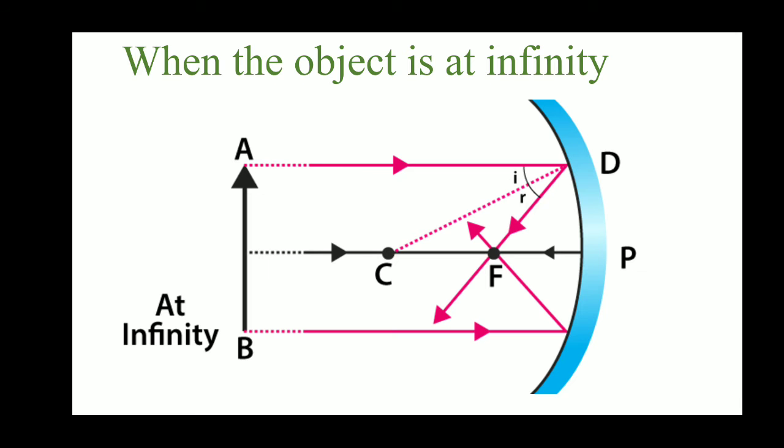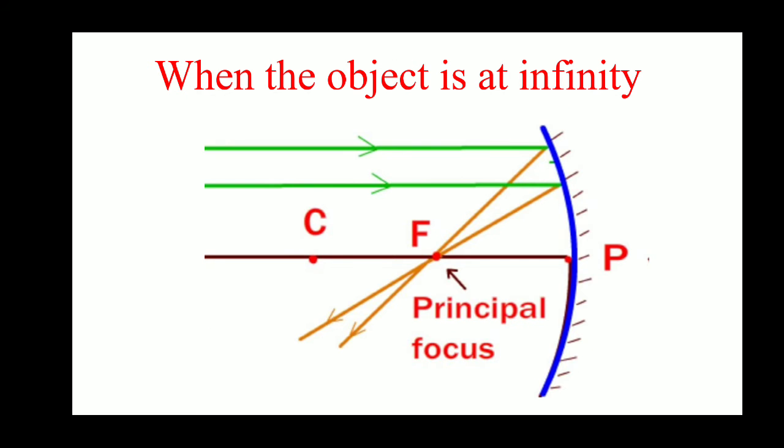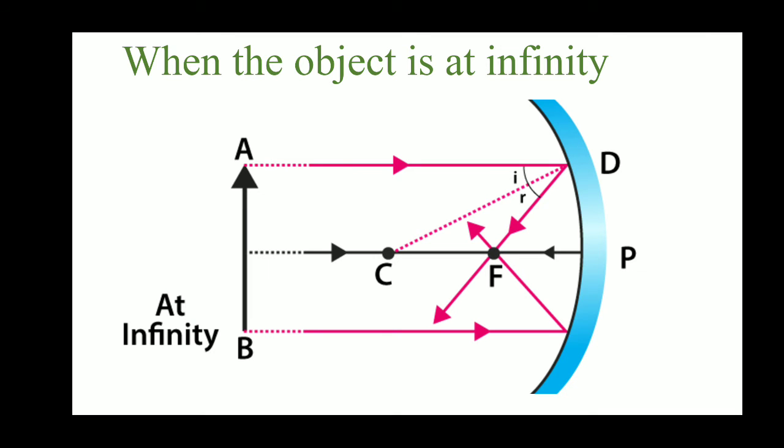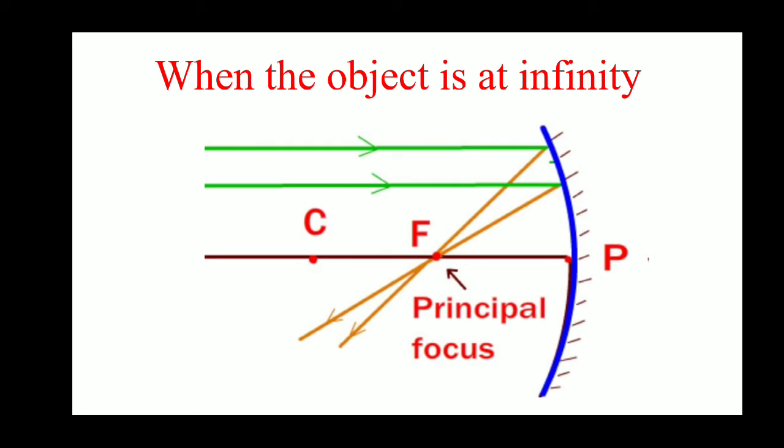So the same diagram, little in a different way, it is drawn any manner, whichever is convenient. This line is to understand whether it obeys the laws of reflection. It is drawn. Even when you are drawing, this is not necessary. You can draw directly. Now you may ask, I have to draw both the sides of the principal axis? Not necessary. You can take 2 rays above the principal axis alone. First ray and second ray.